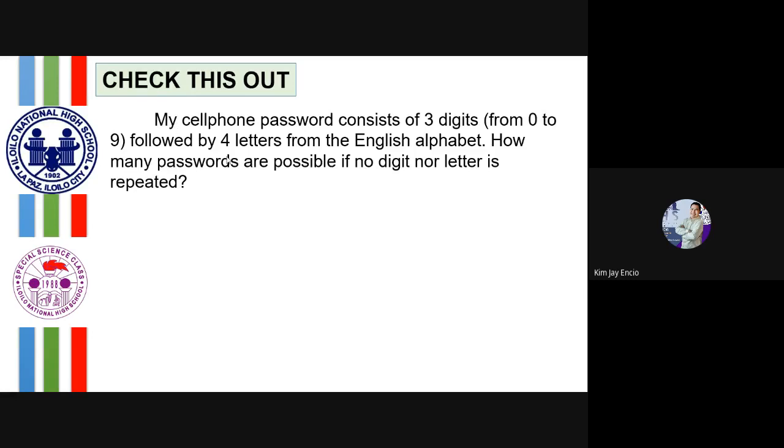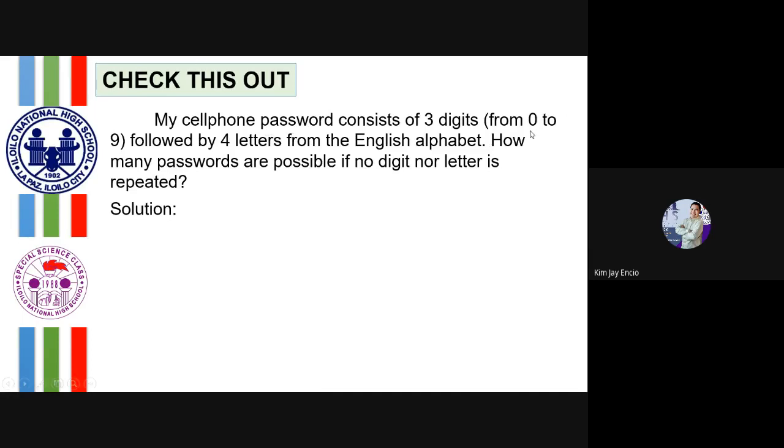Now, take note, guys, that for a password, it's okay to start with 0, because you can make use of any digit. However, for some instances, like 5-digit numbers, more often than not, you don't start with 0. But for passwords, it's okay to start with 0.